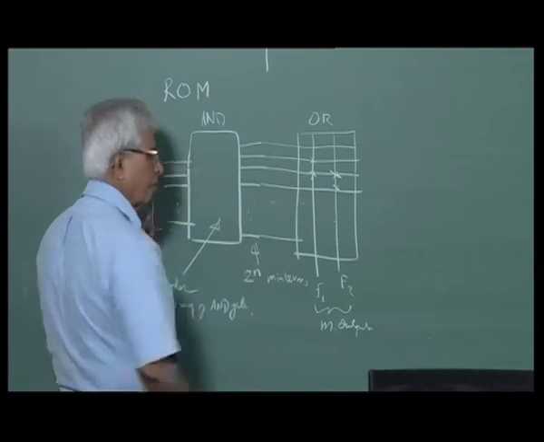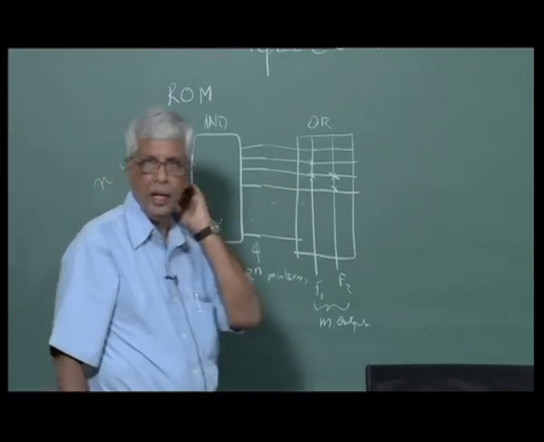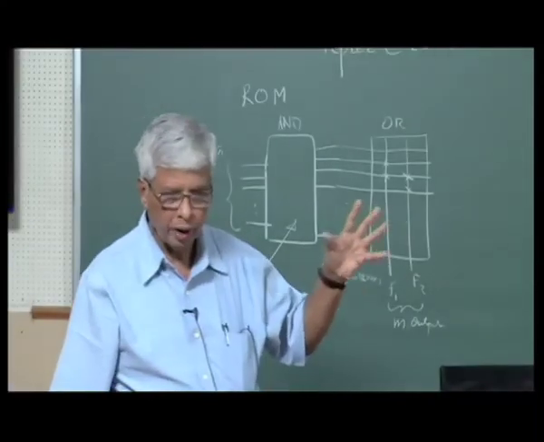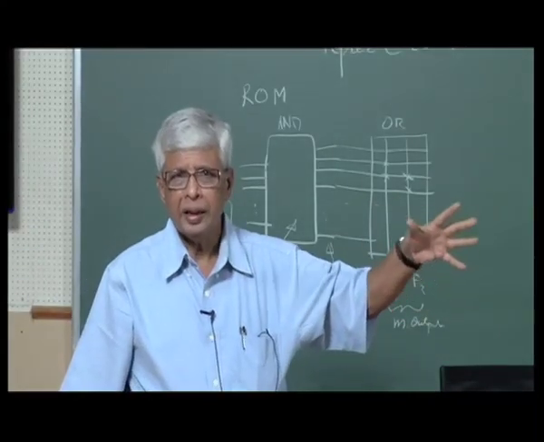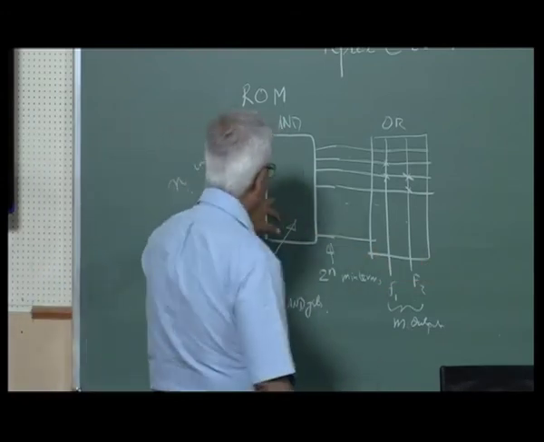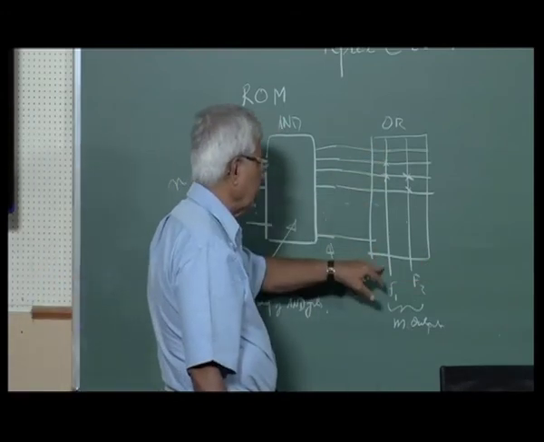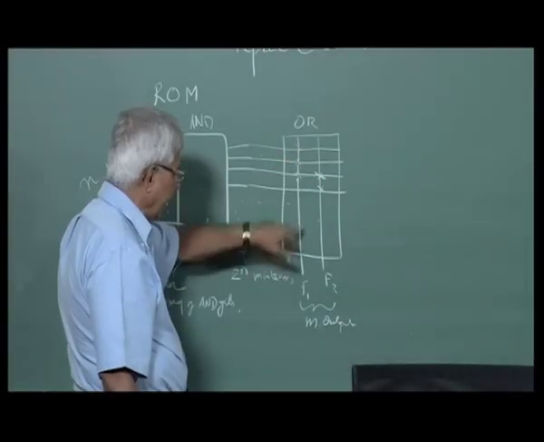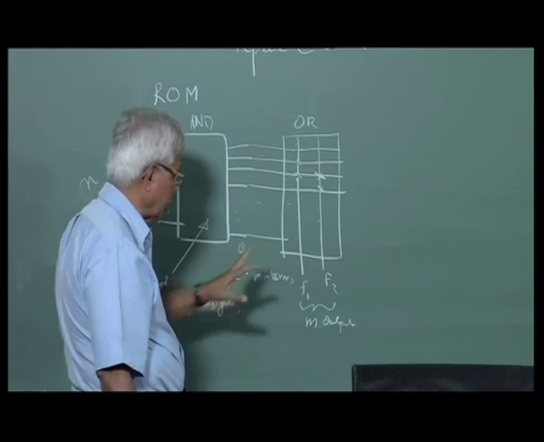How do you do this? We have a truth table, inputs and outputs. Get the outputs, look at the min terms corresponding to each output, connect them as inputs to the OR gate, and you get the output.